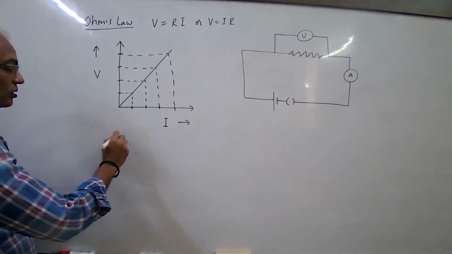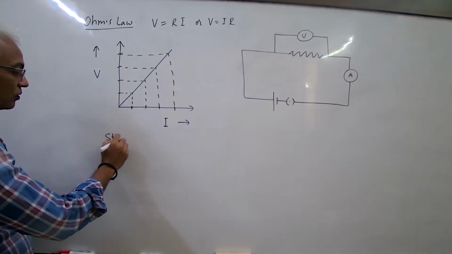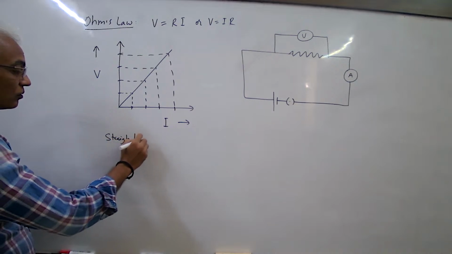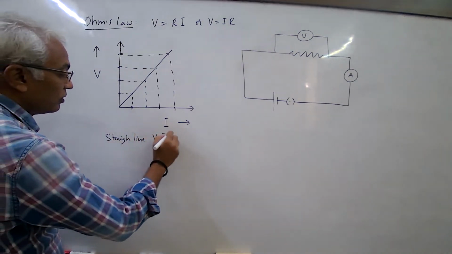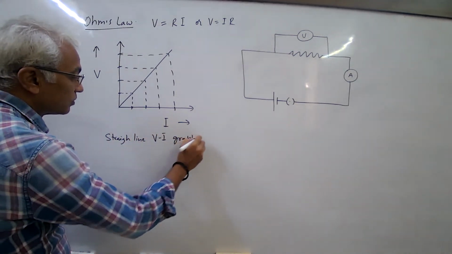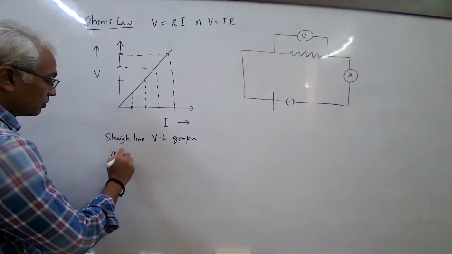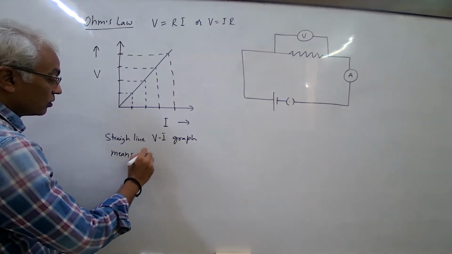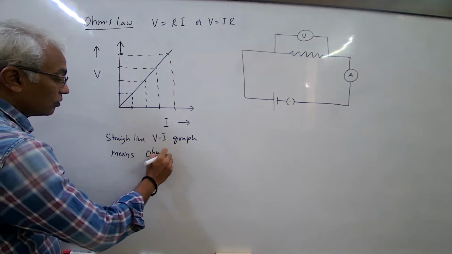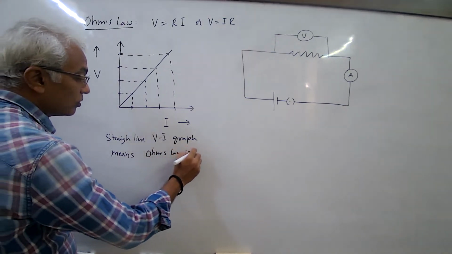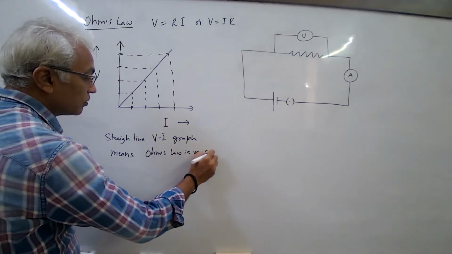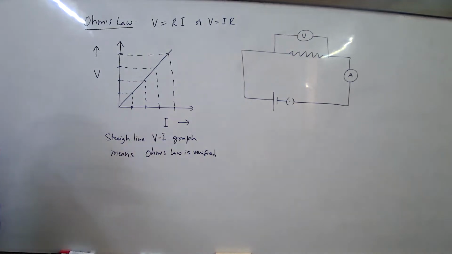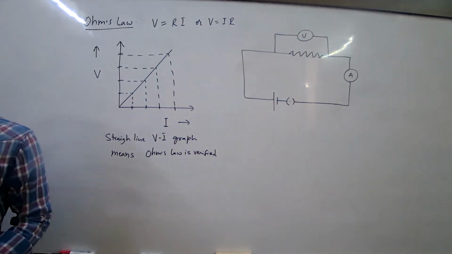So straight line, VI graph. It means Ohm's law is verified.